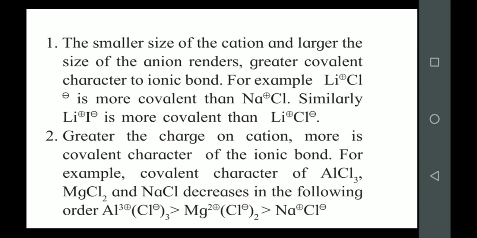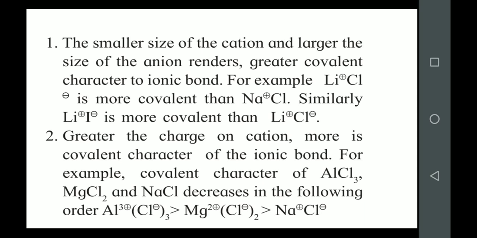Now the second point is, greater the charge on the cation, more is the covalent character of the ionic bond. Okay, so if your cation has a greater charge, +1, +2, +3 like that, that cation will render more covalent character to the ionic compound. Here the examples of aluminium trichloride, magnesium dichloride and sodium chloride are given.